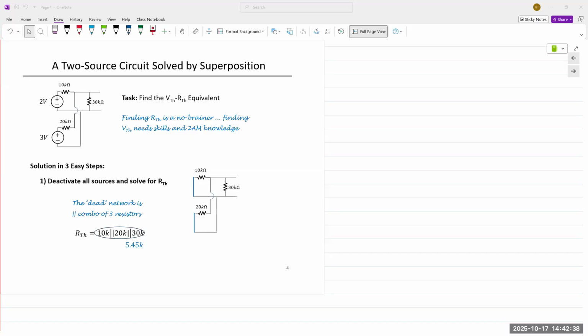And so theoretically, if we can analyze the circuit only one source at a time, and we find the voltage for every single source, we can sum it up, and that should equal our actual voltage. Okay. So superposition.